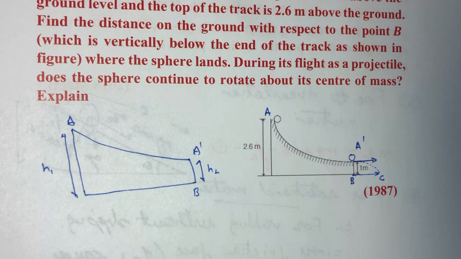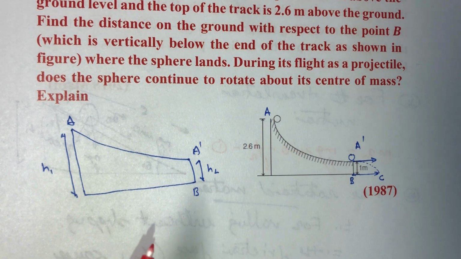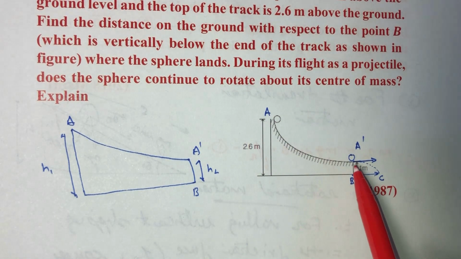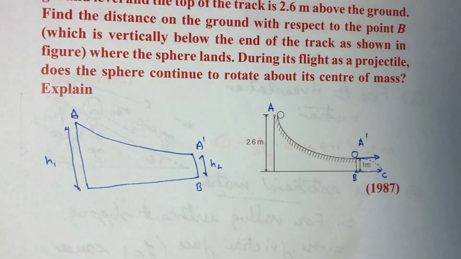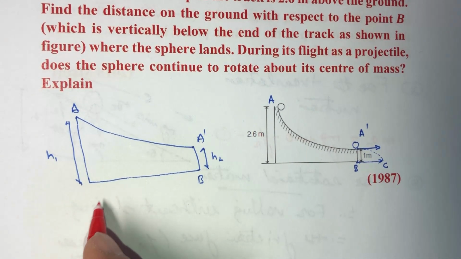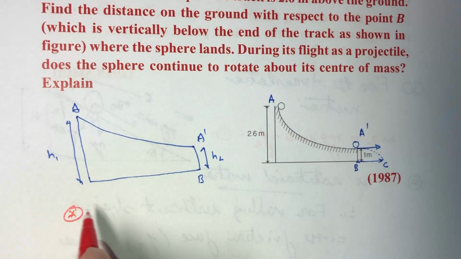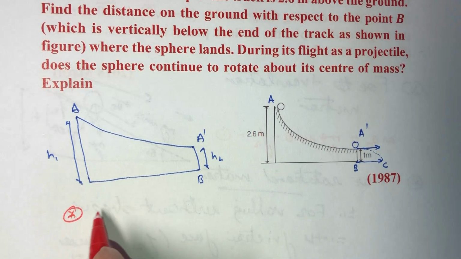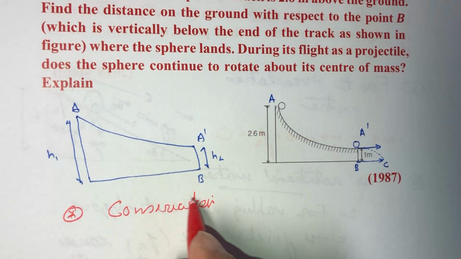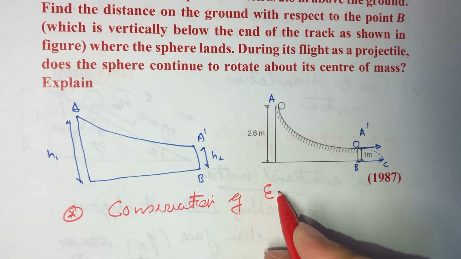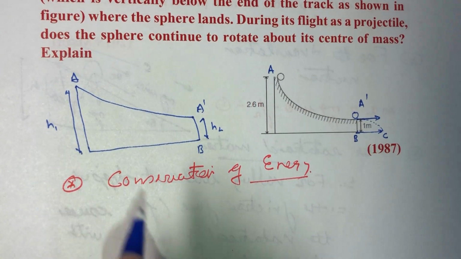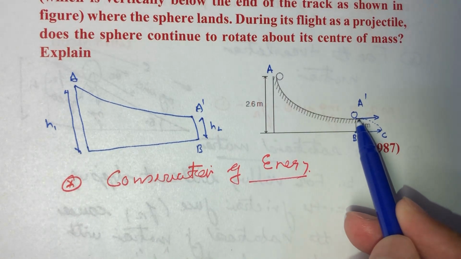So we are going to use the conservation of energy. The energy at point A will be equal to the energy at point A prime, which means total energy at A will be equal to total energy at A prime.